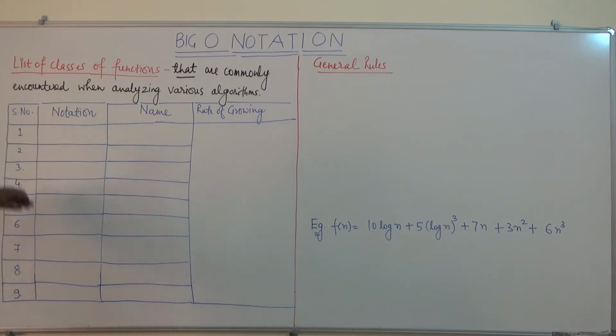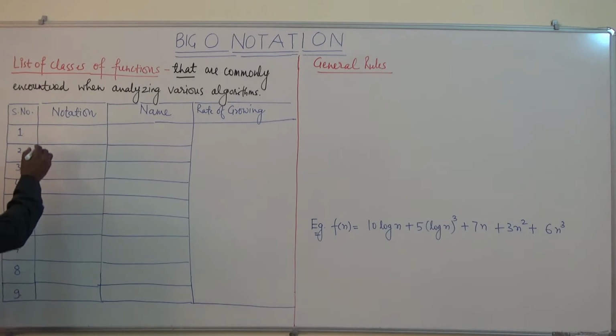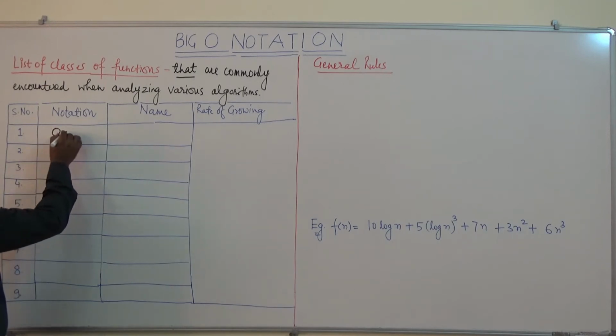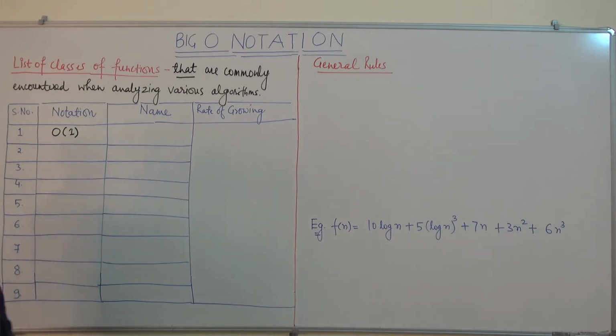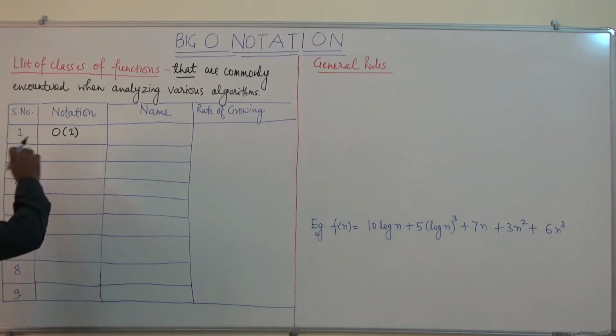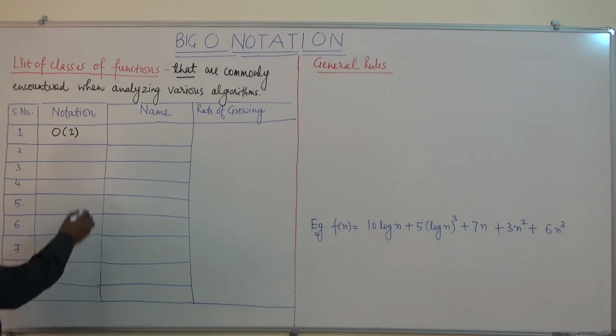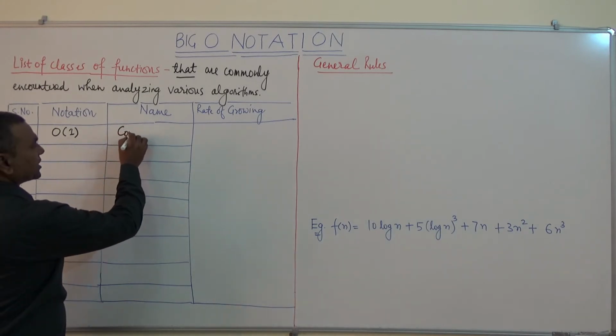So here we have taken a table, and this table has some attributes like serial number, notation, name, and rate of growing. The first notation is big O of 1, this running time complexity is constant.